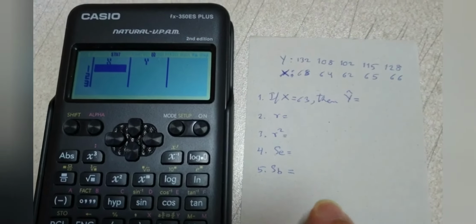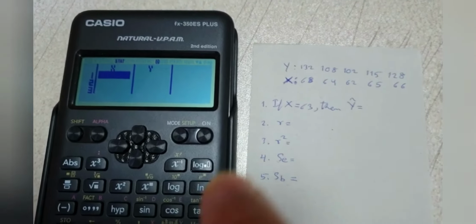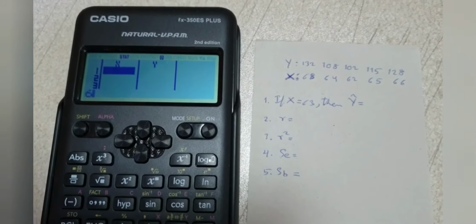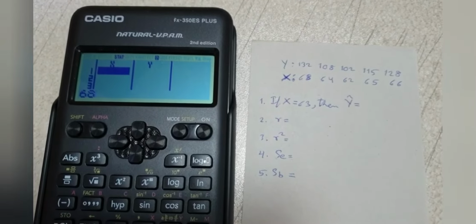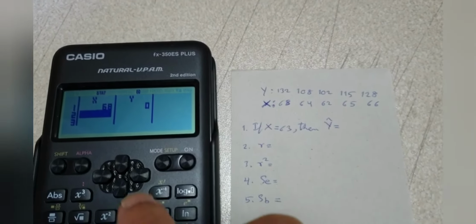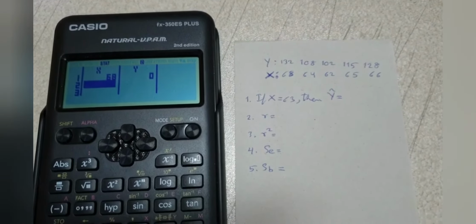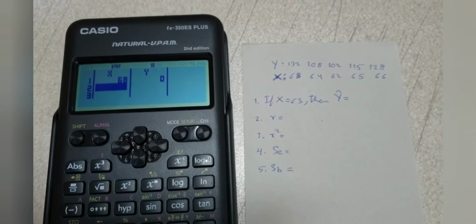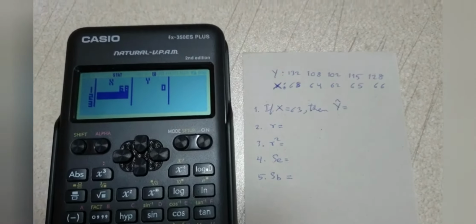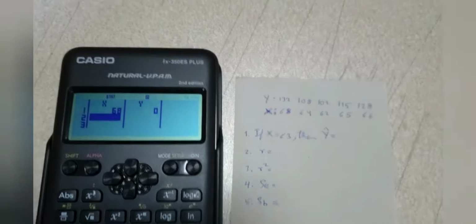X you can enter as you like, but you must see them in pairs like this. X1 68 equal to, enter. You can go to Y1 and enter, or you can enter X1, X2, X3, only after that Y1, Y2, Y3. Now X1, X2, X3 is convenient, I think.